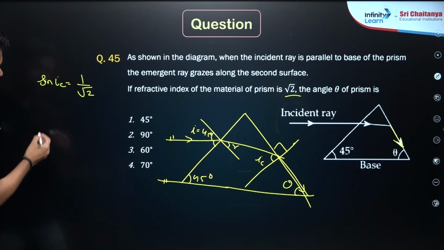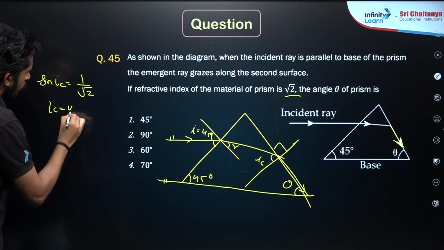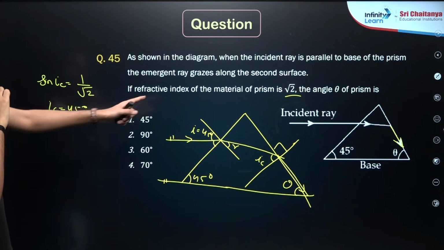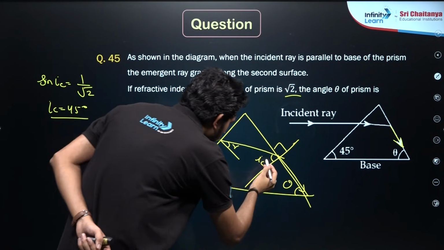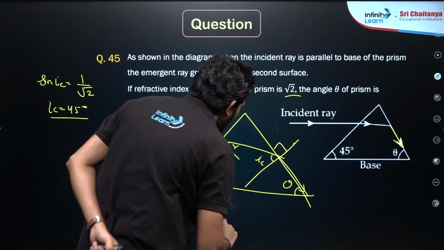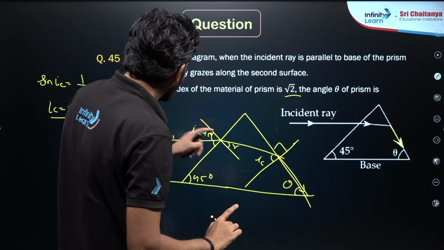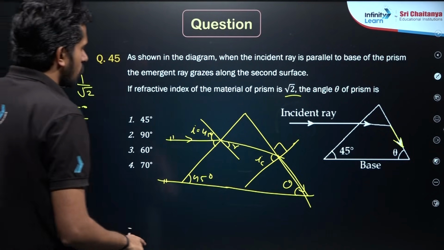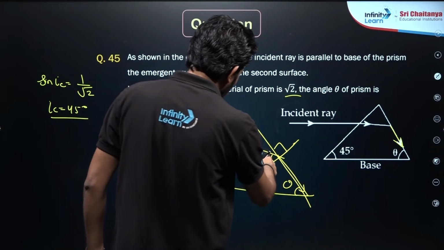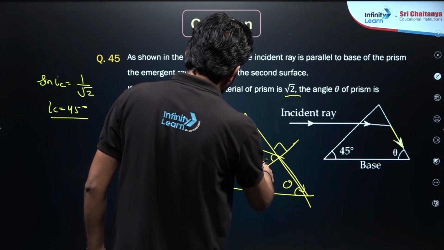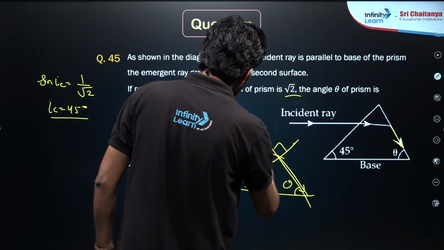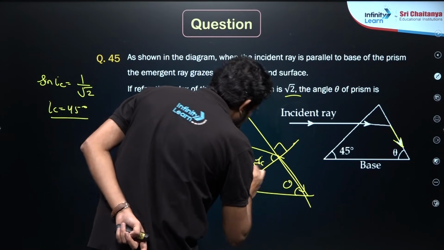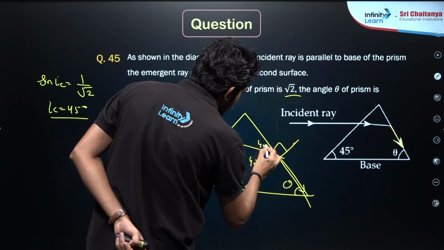Sin IC is 1 by root 2 means IC is 45 degree, right? So we wrote this value, this is 45. If this is 45, is there any need of this angle? Yeah, we need. If this is 45, this angle is also 45.